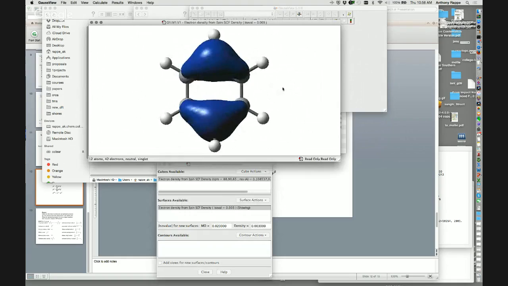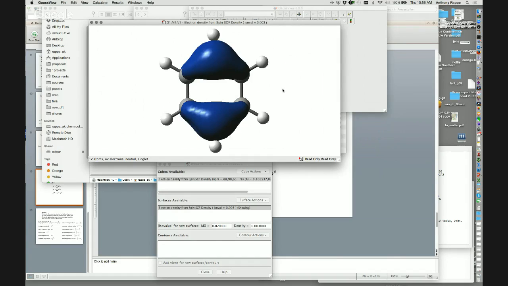The convention in GaussView is that alpha spin density is shown as blue, beta spin density is shown as green. So you can have a system where you have some alpha spin density, some beta spin density, and you can see the nuances.